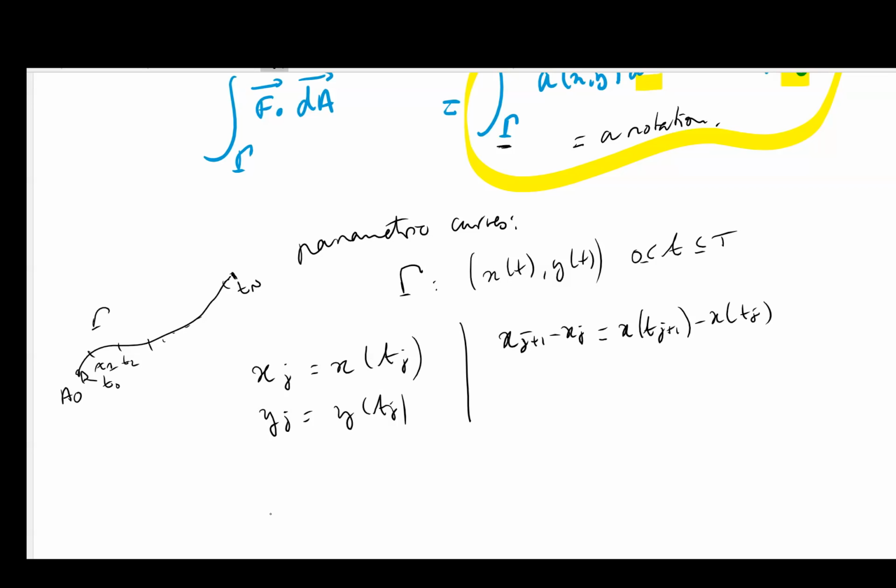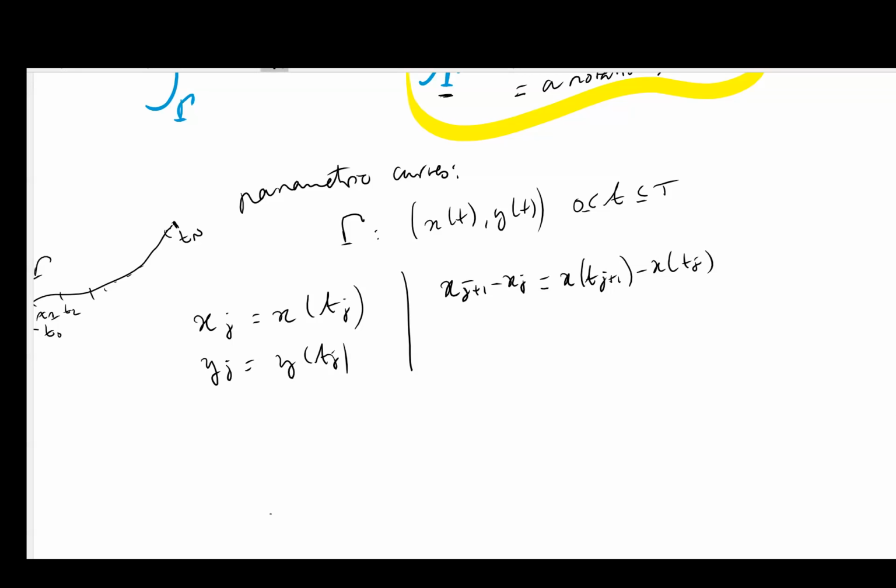Now you know that you can get a very good approximation of this thing as a function of t. If you want a first order approximation, that's going to be x prime of tj times the difference tj plus 1 minus tj. And similarly, if you want to express the infinitesimal displacement in the y direction, you get yj plus 1 minus yj, which corresponds to y of tj plus 1 minus y of tj.